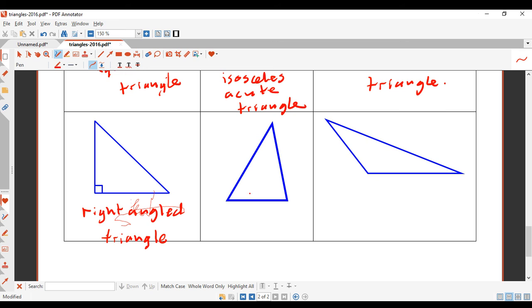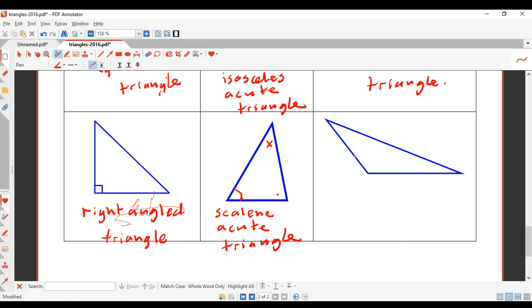We're just going to call that right angle. This one here looks like all three angles are different, doesn't it? So this angle here, this one here, this one here, they're all different. So that means it must be scalene. And all three angles look like they're acute. So it's a scalene acute triangle.